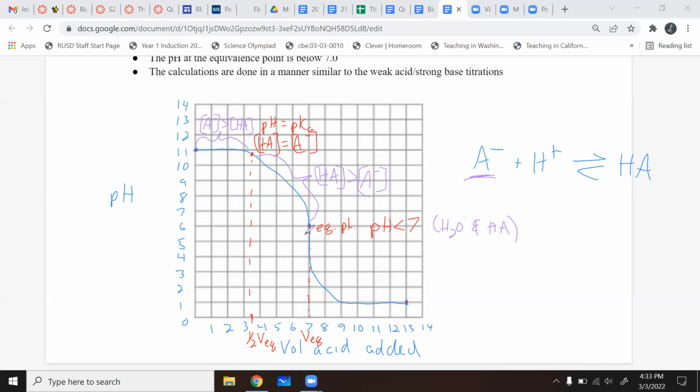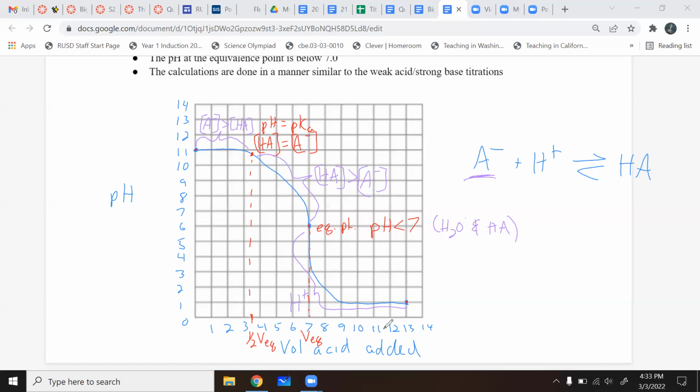Now, after that, after we keep adding acid, down here in this region of space, the thing that you are going to find most prevalently is going to be your H plus ion, because your H plus ion is that part of the strong acid.